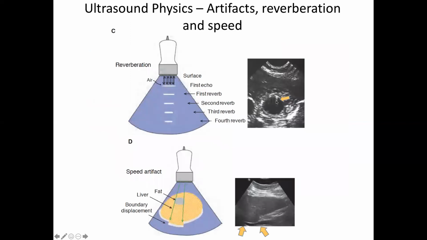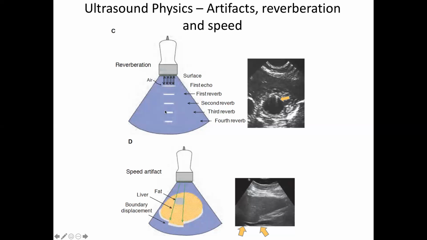This is pretty cool. So if you have a really sharp, high impedance change here, such that you get a really strong echo, what can happen is that echo can hit the transducer, and then the transducer echoes it back. And so it basically bounces between the transducer and that surface multiple times.